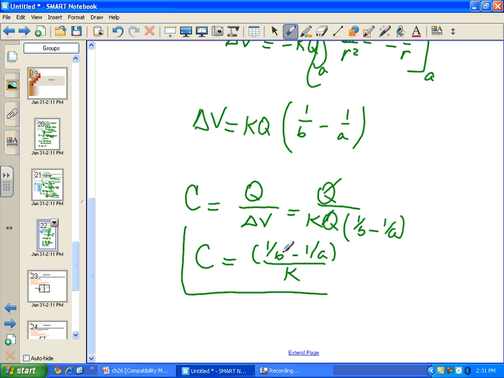We can clean this up algebraically if we wanted to, find a common denominator, etc. But the point is that the capacitance only depends on the inverse of the, in this case, subtraction, if you like, of the radii.